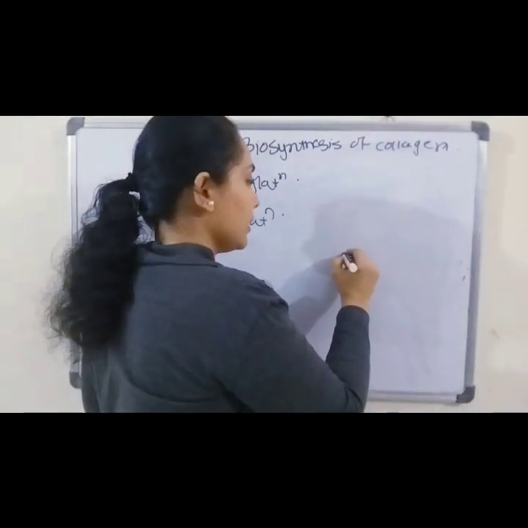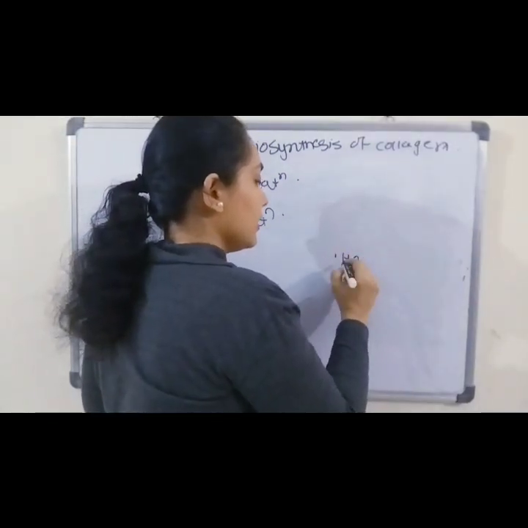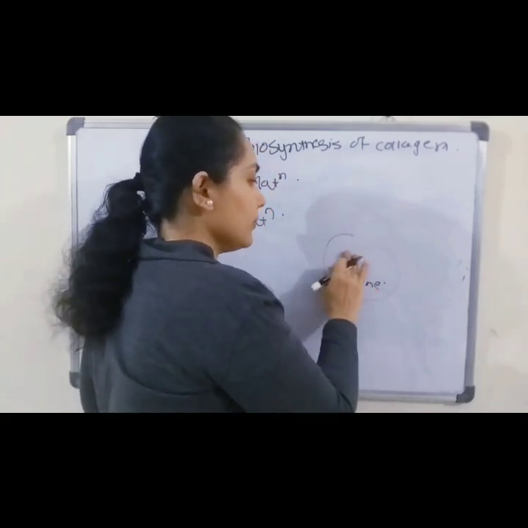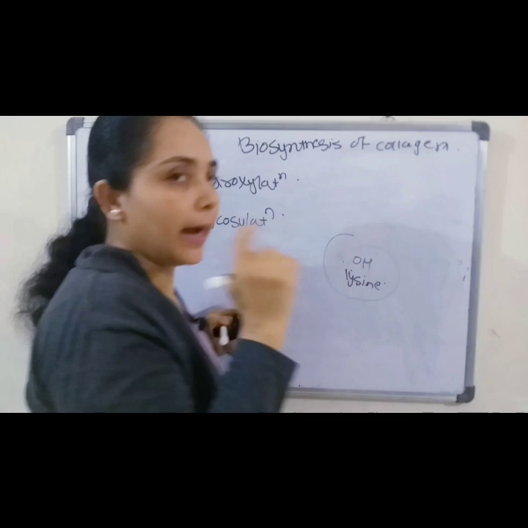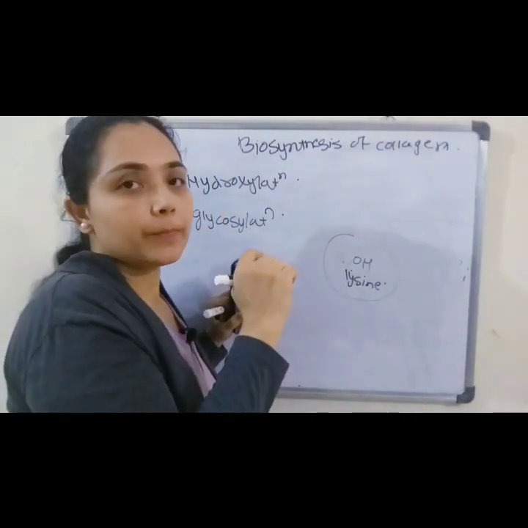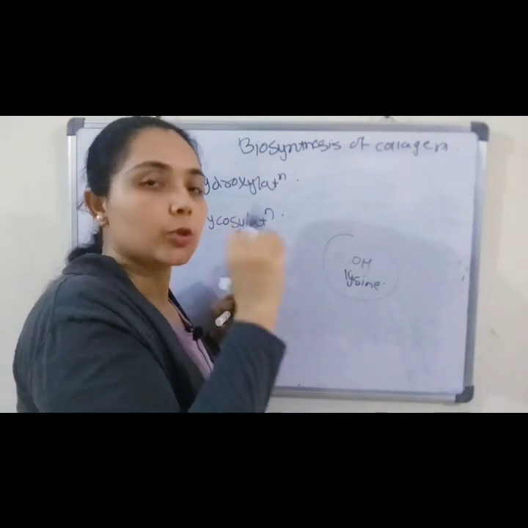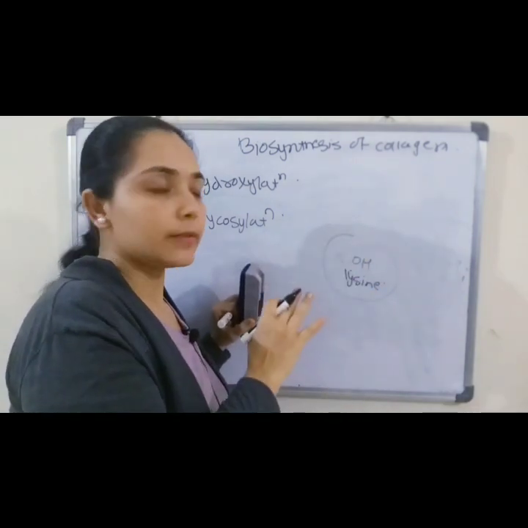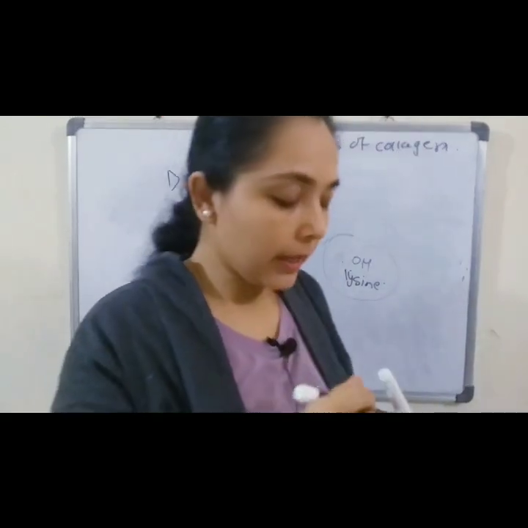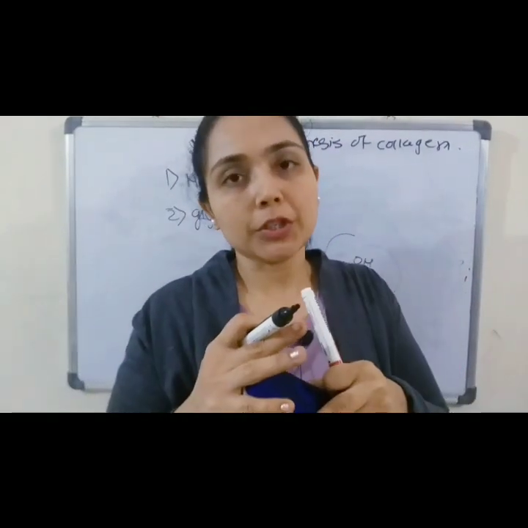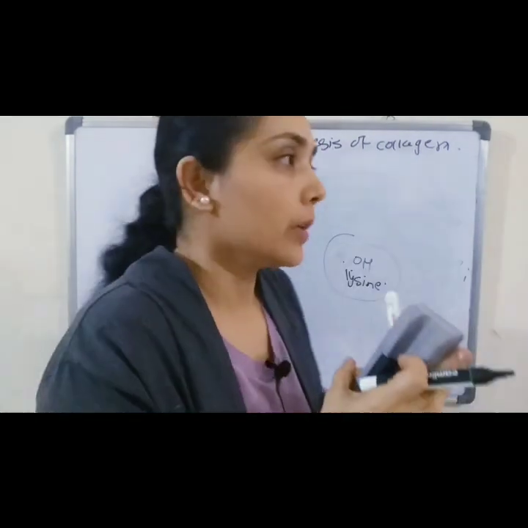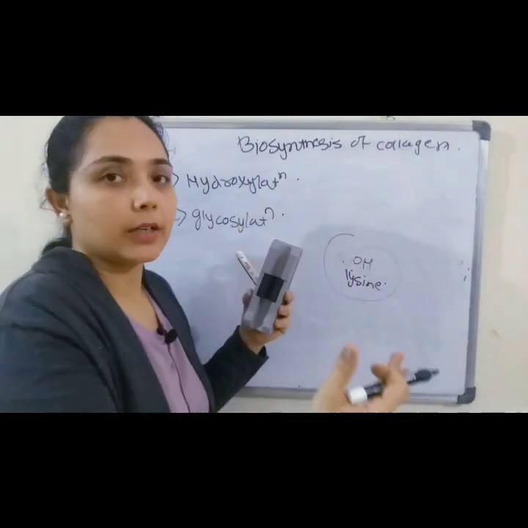Then some of the hydroxylated lysines, not all, some of them, will have glucose and galactose, or only glucose, attached to them. What is the significance of that? It will help in the bond formation during the collagen fibril formation, during the forming of the complete structure.